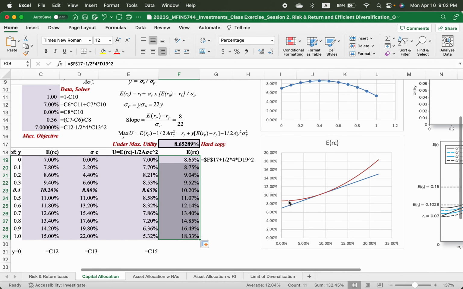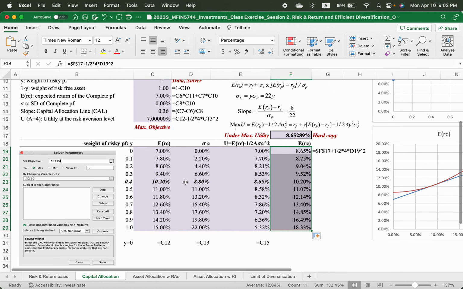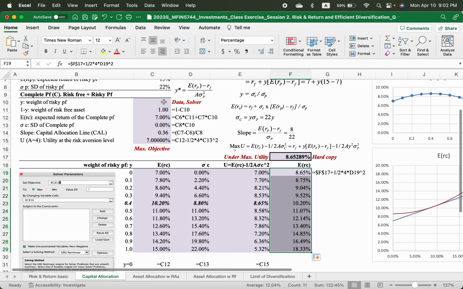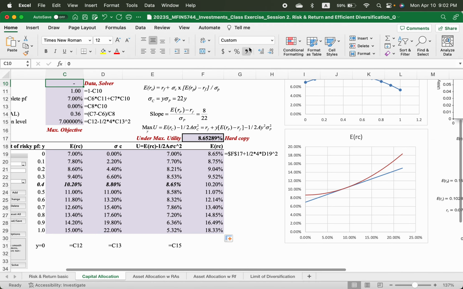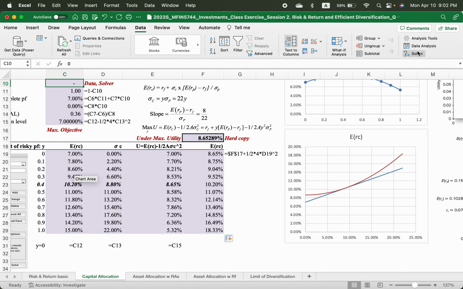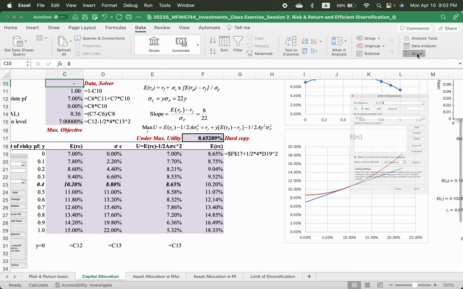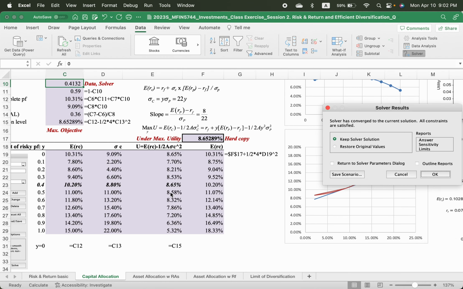So we drew this indifference curve of the investors when they are satisfied with the maximum level, which is this point, and we find, what is the point again? Let me just check this point. We found 0.4132. Let's calculate one more time. Data, Solver, yeah, 0.4132, right?